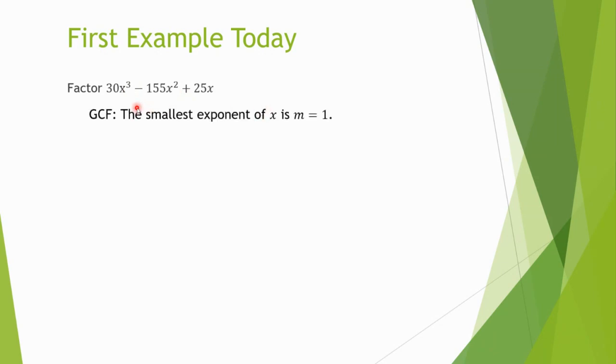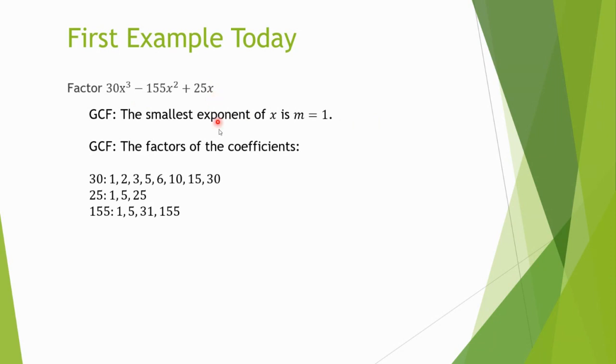So right away you can see that the smallest exponent of x here is 1, that's over here, x to the first. And now let's also look at the coefficients. If you look at the coefficients, we have 30, 25, and negative 155.